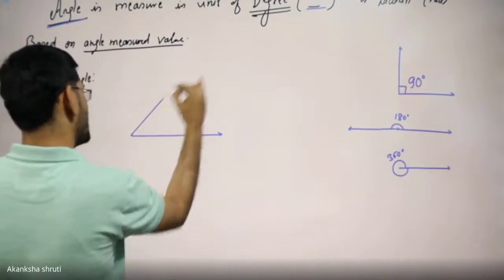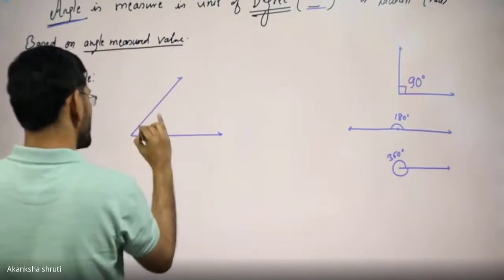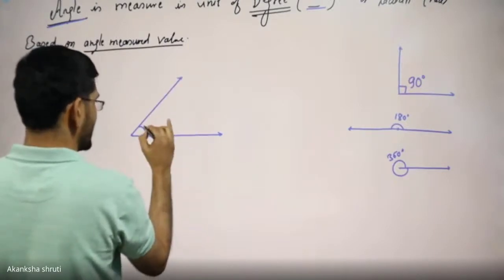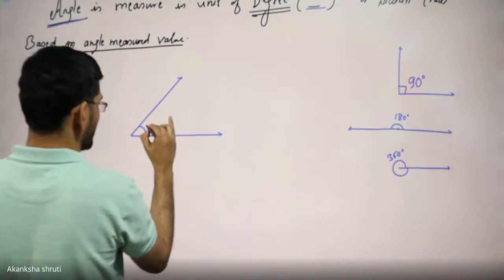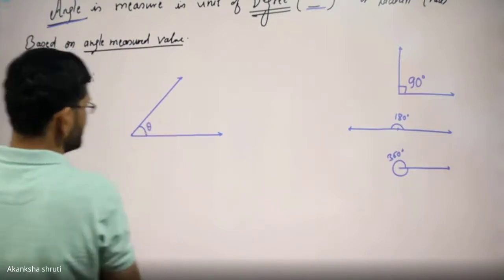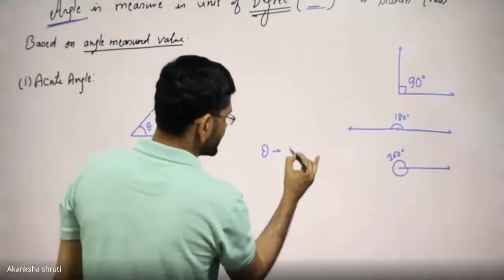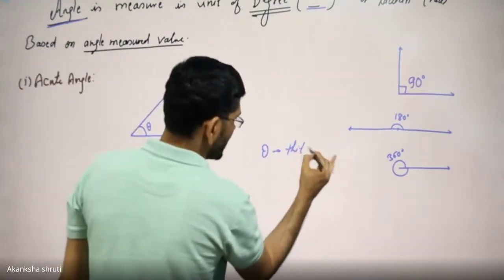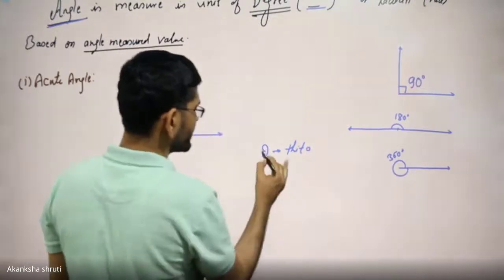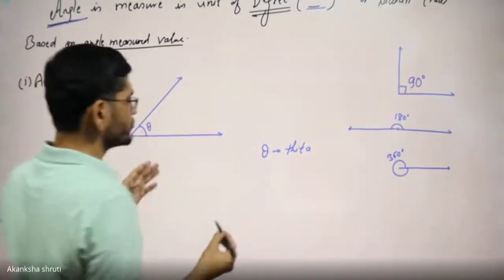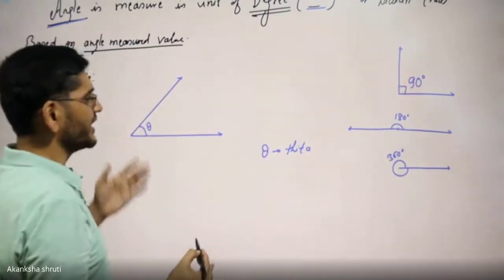So, students, the measured value of this angle is commonly denoted by this symbol, which is read as theta. Students, it means theta has some value, 20, 30, 40, any degree.